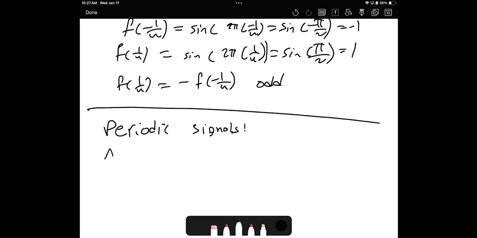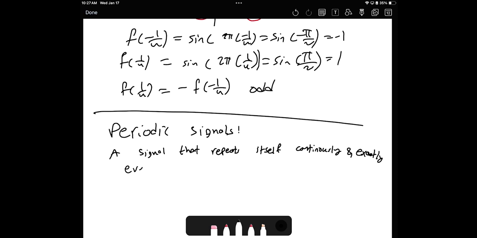Basically, periodic signal means a signal that repeats itself continuously and exactly every specific period of time. A function that repeats itself every specific period of time.